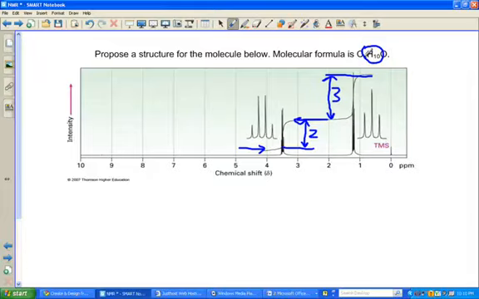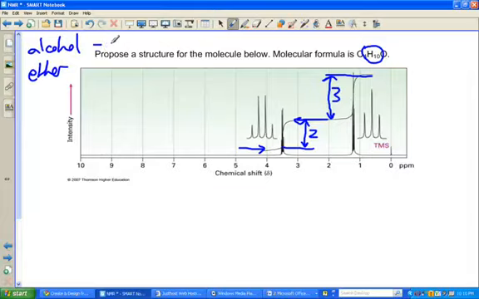Well, there are only 2 possible functional groups that can have 1 single oxygen and this formula. When you look at the degrees of unsaturation, C4H10 is actually completely saturated. So the only possibilities for this are either an alcohol or an ether.